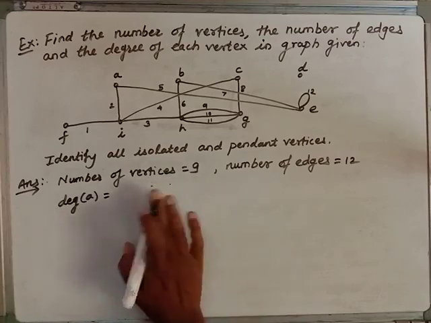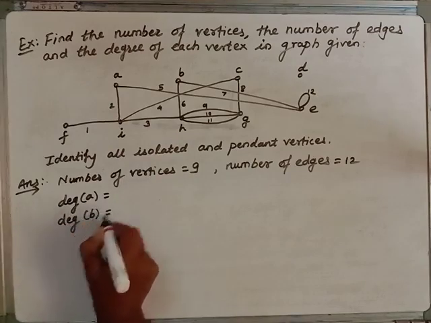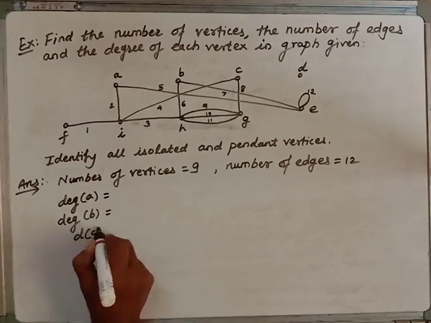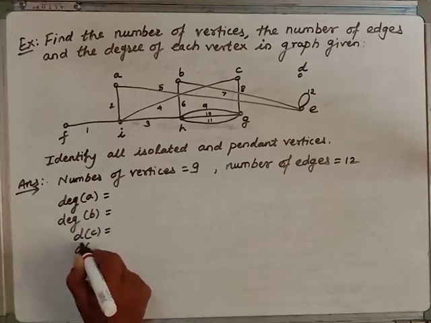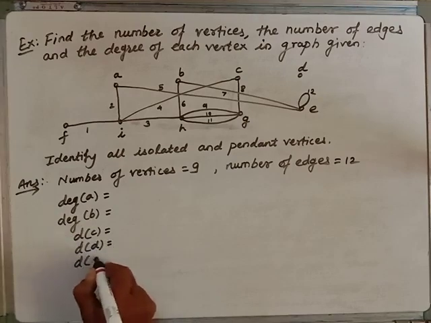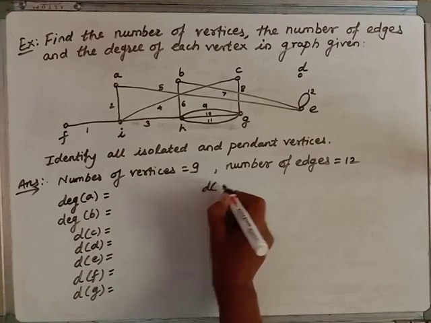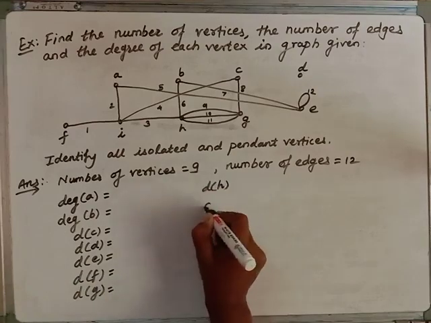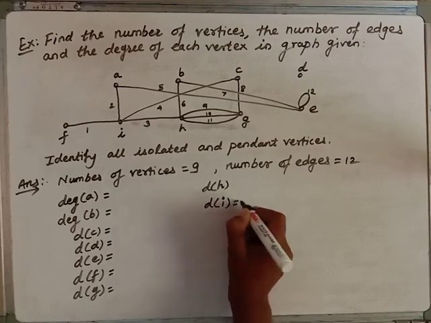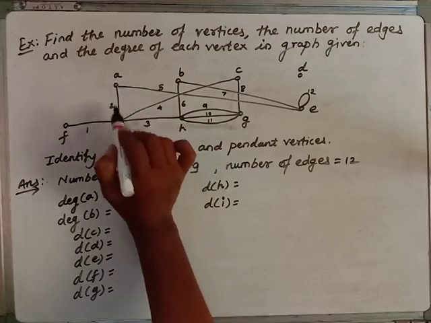Degree of B, degree of C, degree of D, degree of E, degree of F, degree of G, degree of H and degree of I. Now on A, how many edges go from A?